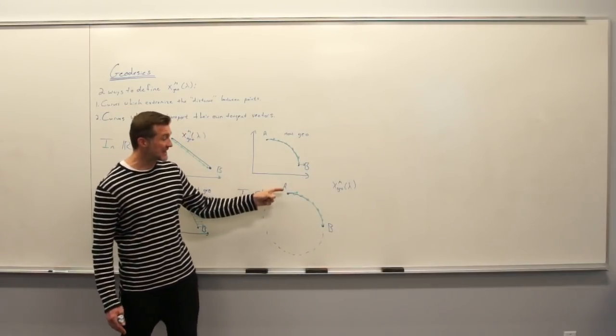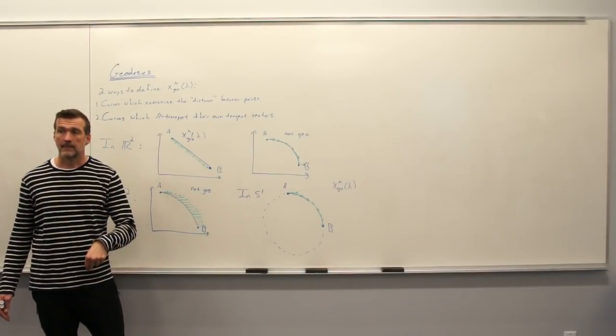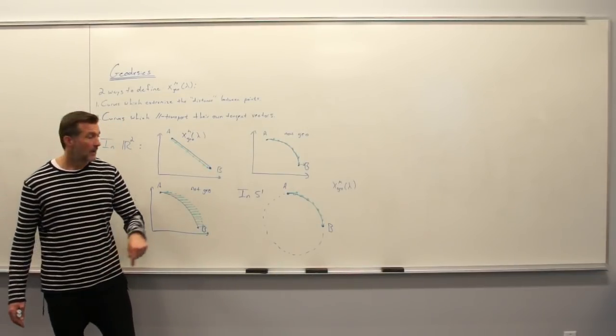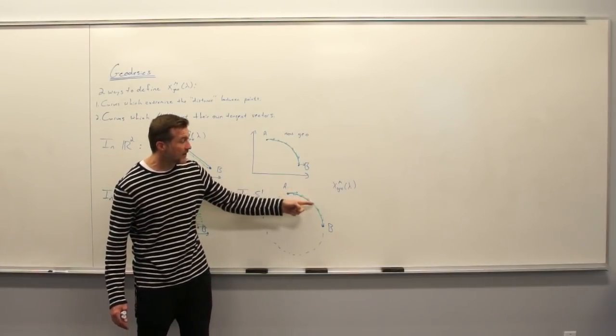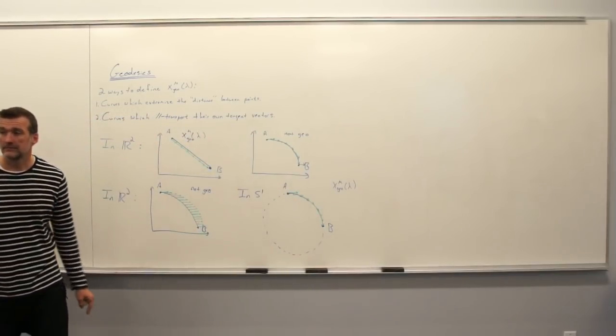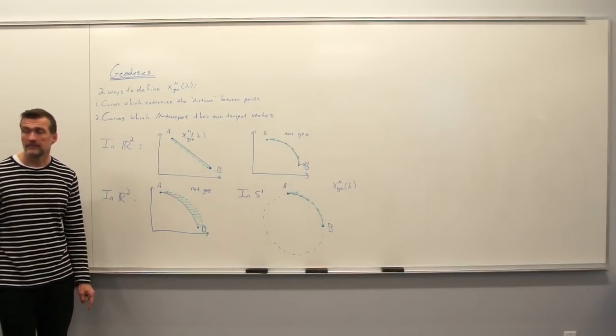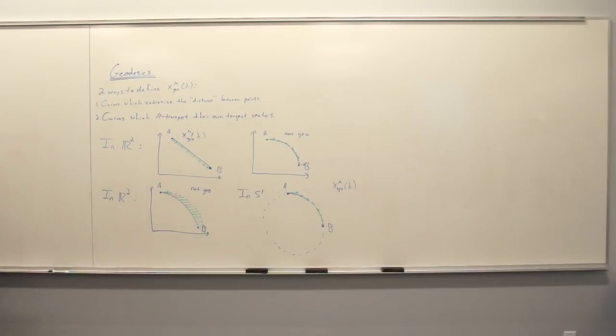The only space is the surface of the circle. Okay? But you'll notice what's happening. I am parallel transporting the vectors, but they are themselves tangent to the path, which satisfies criterion 2 for a geodesic. Okay?